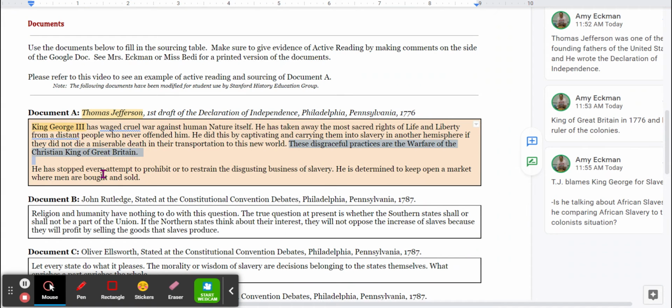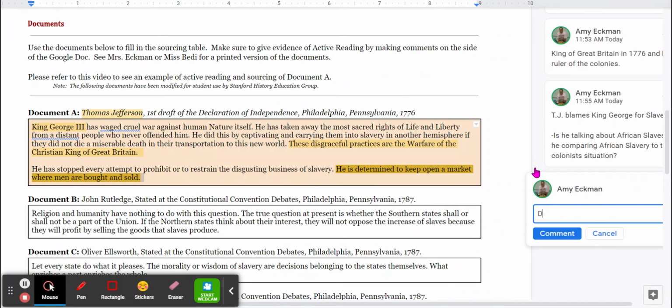He stopped every attempt to prohibit or restrain the disgusting business of slavery, and he is determined to keep an open market where men are bought and sold. So again, he's saying that this is a bad thing, right? He's saying here that he is definitely talking about the slave trade. And let's fix that spelling there.